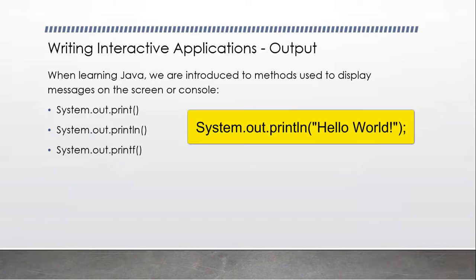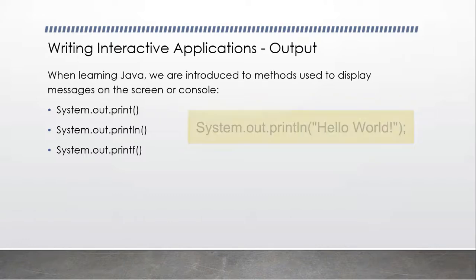We might use the print method, the println, or the printf, depending upon how we wanted to render the data. But the point is, these methods, when invoked, will send their argument or their parameter to the screen or the console for display. So we should already be comfortable with that, having seen something like a Hello World program.